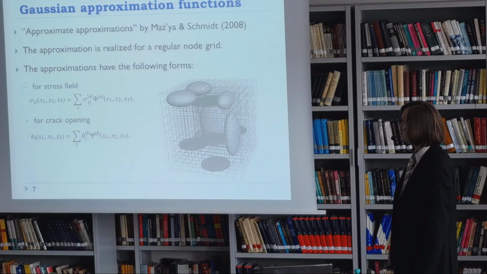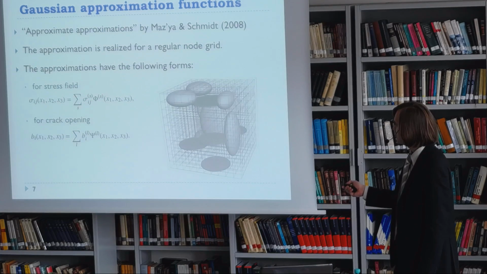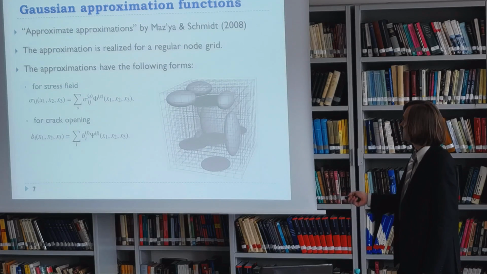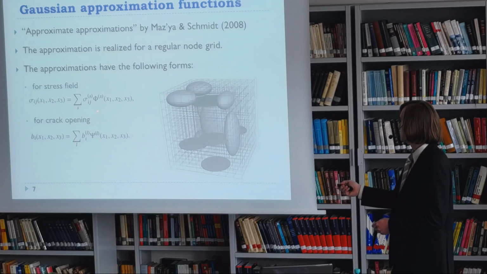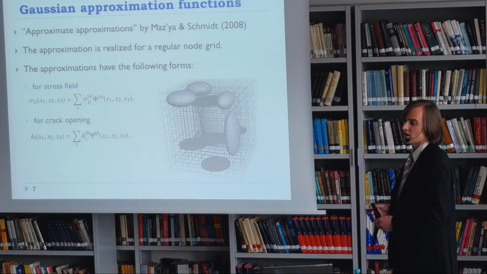And the approximation would have the following form. We approximate the stress field as a sum of the values of the stress field in all the nodes of this node grid multiplied by some weight function phi, which is basically a Gaussian function. We're going to see it soon.